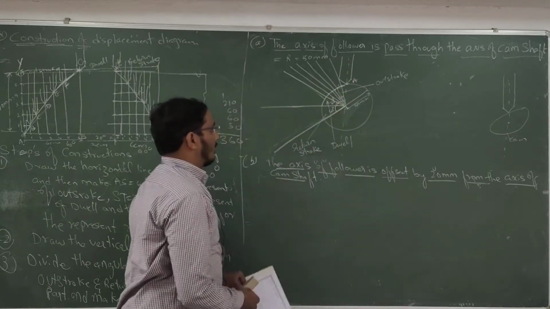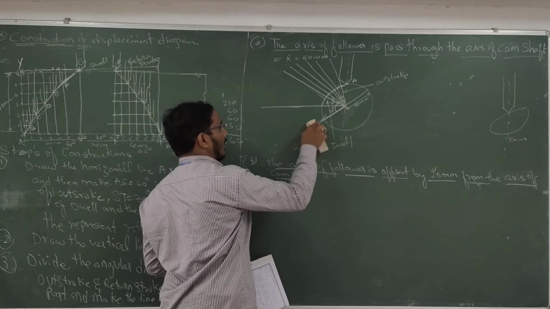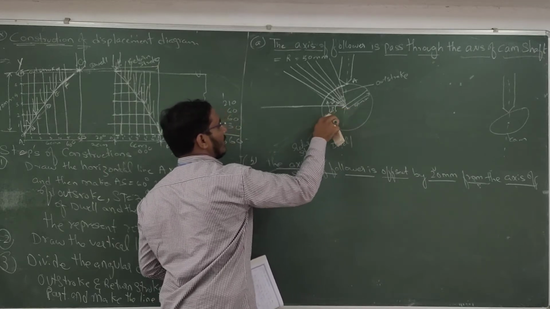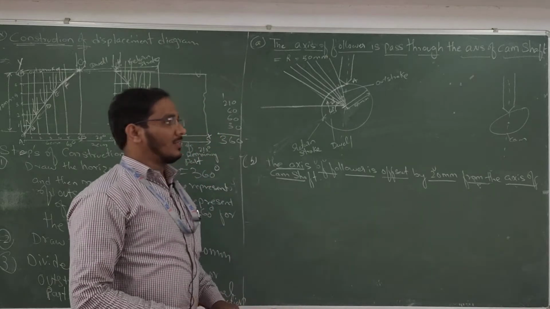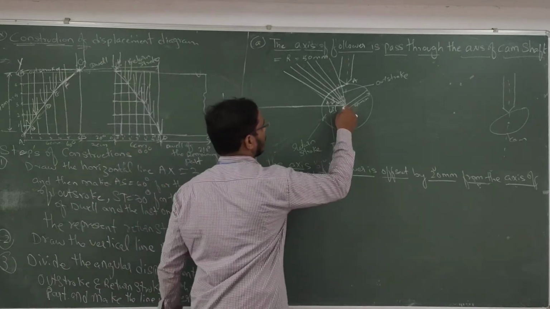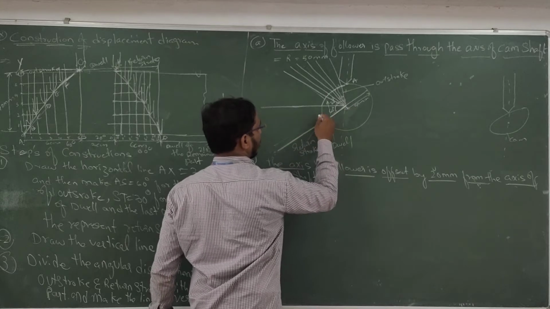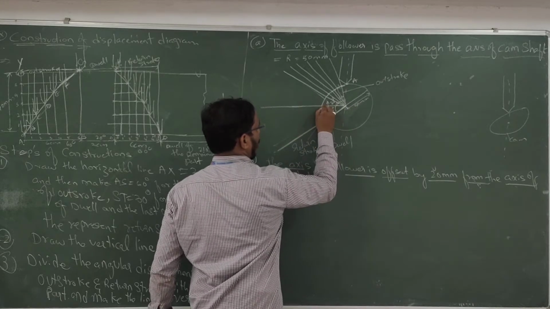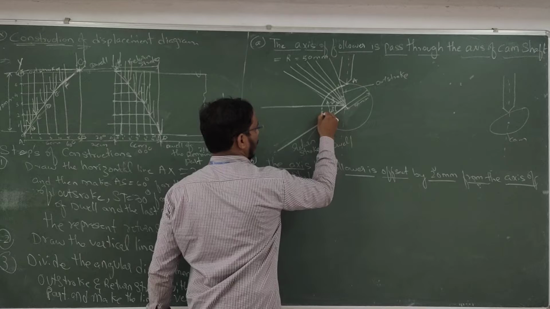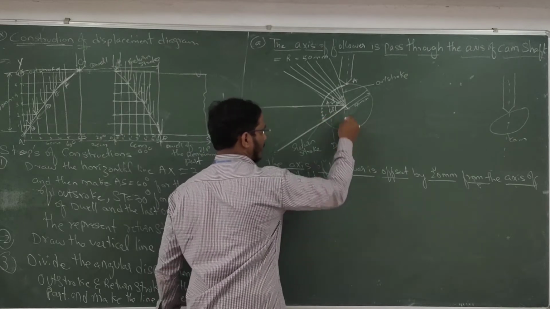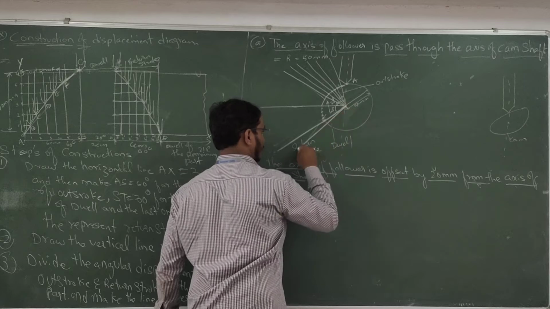Like this you have to divide into equal individual parts on the return stroke also. One, 2, 3, 4, 5, and the next is 6.